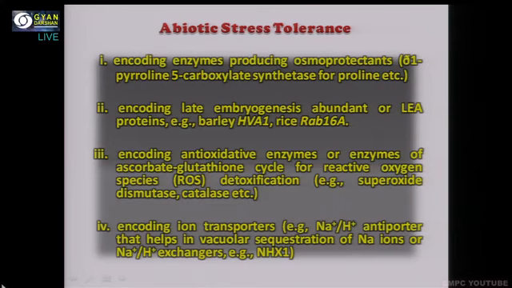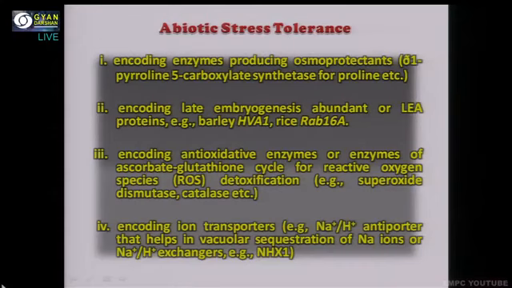So probably the best response would be you go for the cloning and overexpression of any of these genes. Like for instance, I give you an example, proline. It is a very important osmolyte. So you have to fish out which is the enzyme that is responsible for proline production. So you can just clone that particular gene.